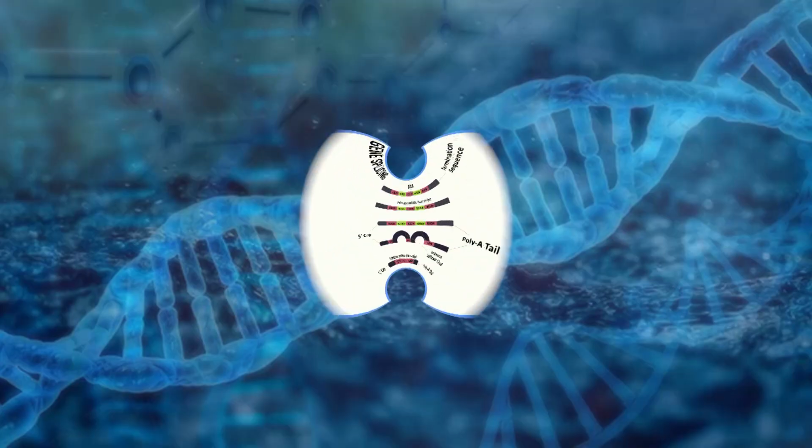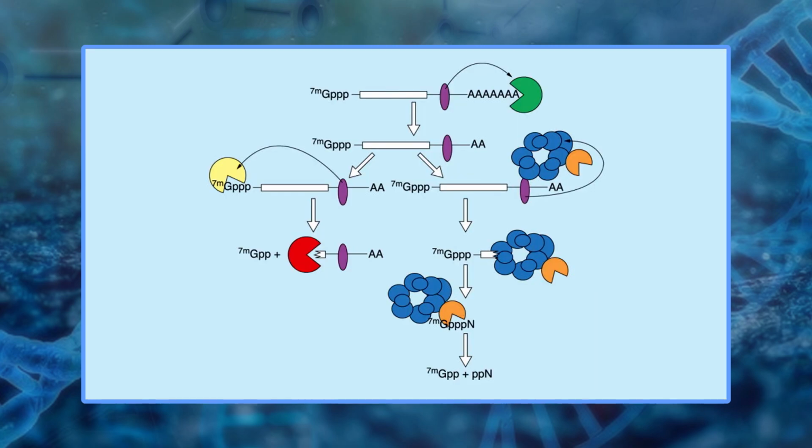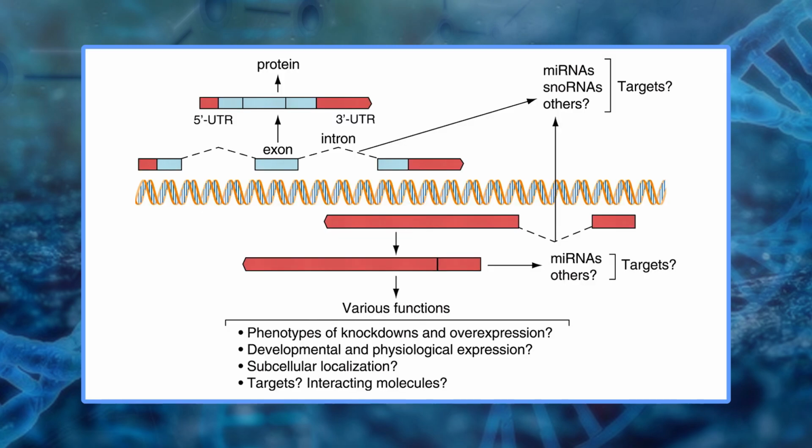SNPs that are not in protein coding regions may still affect gene splicing, transcription factor binding, messenger RNA degradation, or the sequence of non-coding RNA. Gene expression affected by this type of SNP is referred to as eSNP or expression SNP and may be upstream or downstream from the gene.